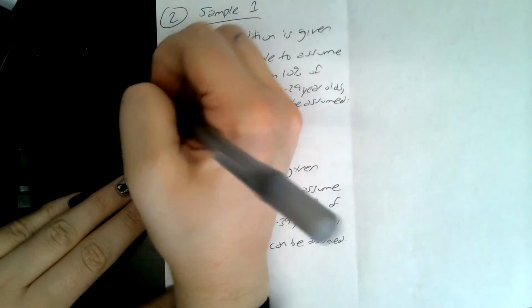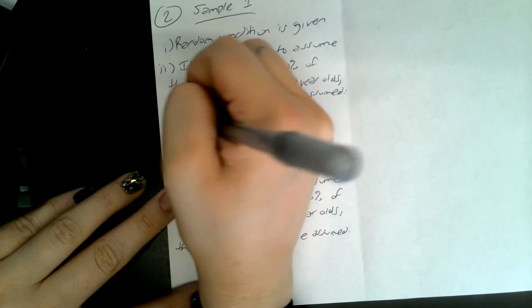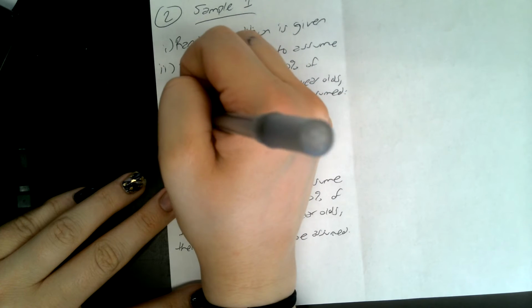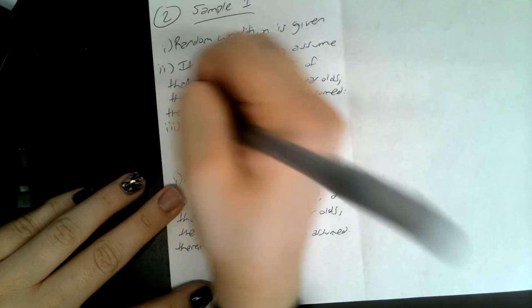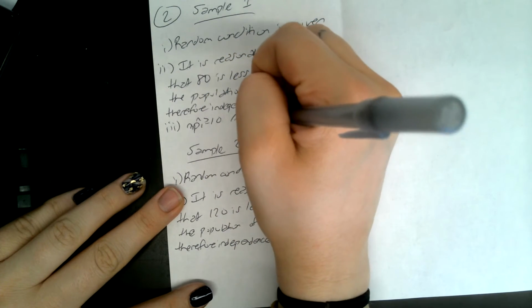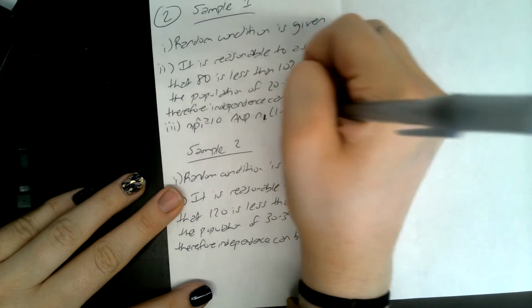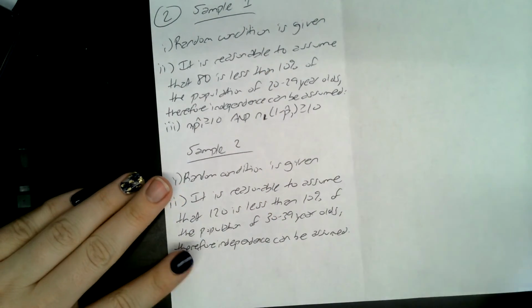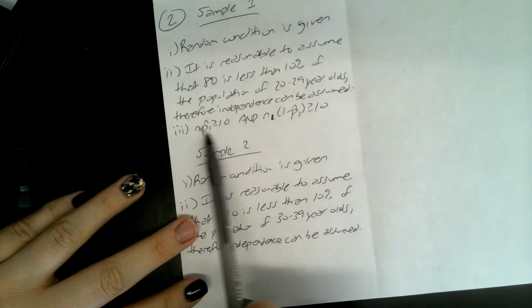Condition 3 is going to be the large counts condition. I need to check and make sure that my n1 times p1 hat is greater than or equal to 10, and that my n1 times 1 minus p1 hat has to be greater than or equal to 10 as well. So you'll notice, since I'm in sample 1, all of my subscripts here are 1.